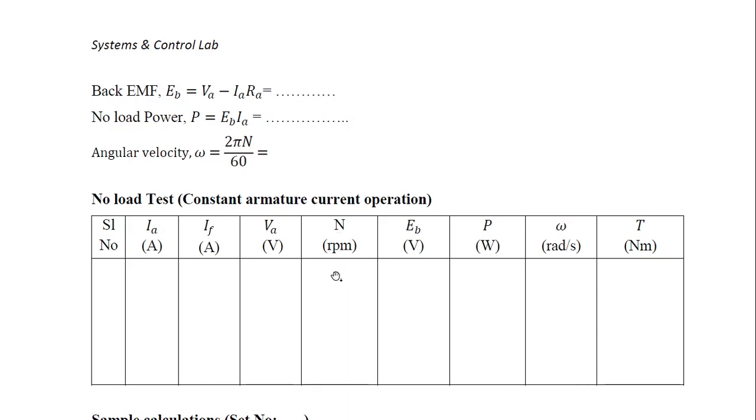Then you have to measure the speed. Then EB you have to calculate by the equation EB equal to VA minus IA RA. Then power EB into IA. Then omega 2 pi N by 60. Then torque you will get as P by omega.